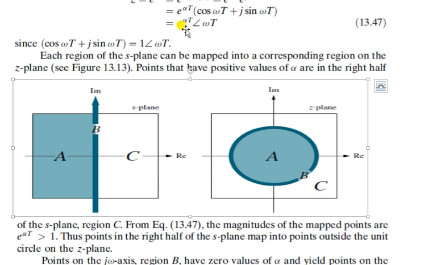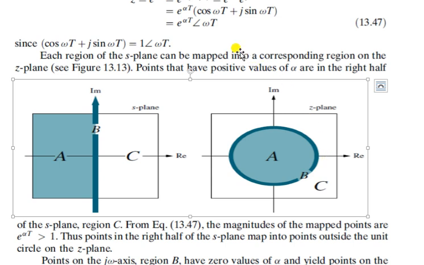Similarly, if you have here e to the power alpha t greater than 1, and if you try to plot this for the z plane, so for the greater than 1 value you will get this portion C, because if you have greater than 1 value you will be somewhere here in the portion C. So this will be for the unstable system.